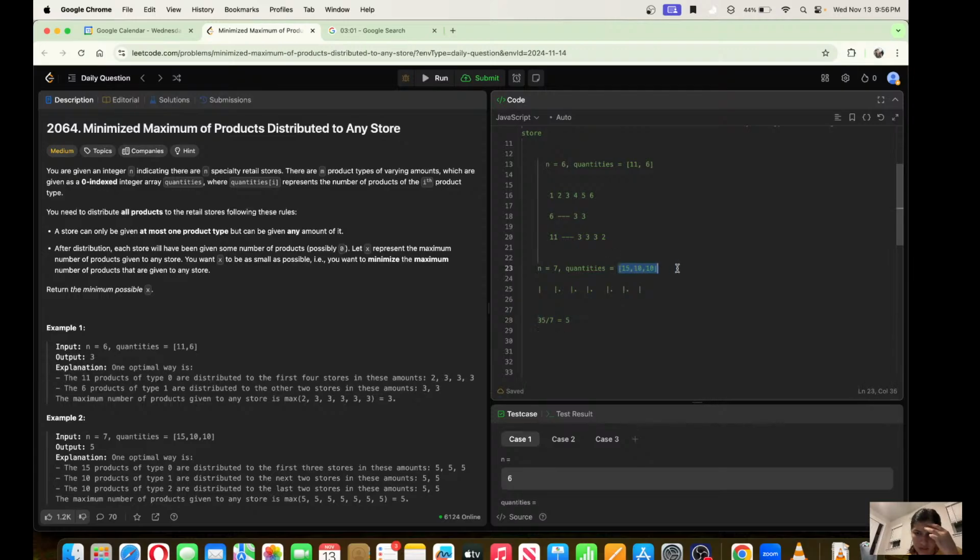Should I sum everything and then first of all divide by 7 and think about it? Yeah, I think so, right? The summing and dividing by total number of stores should work, because then we will know that this is the number that if we equally distribute, it will be distributed.